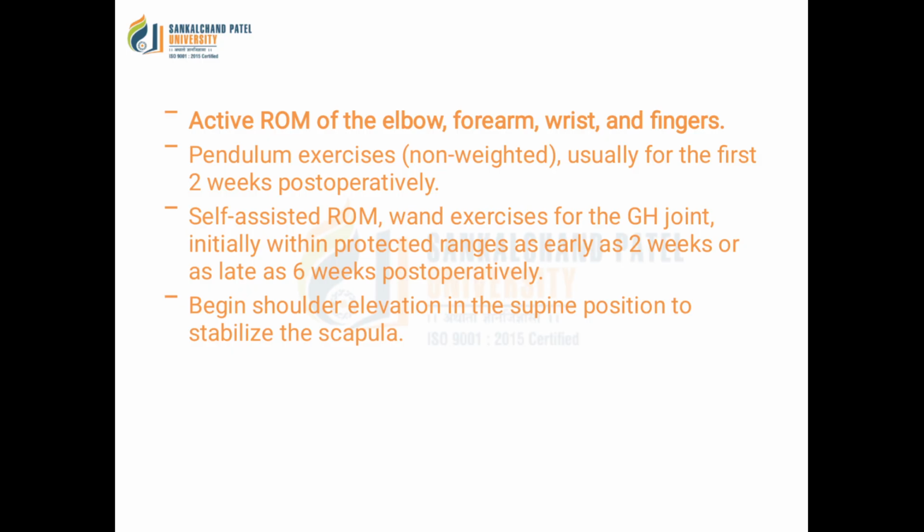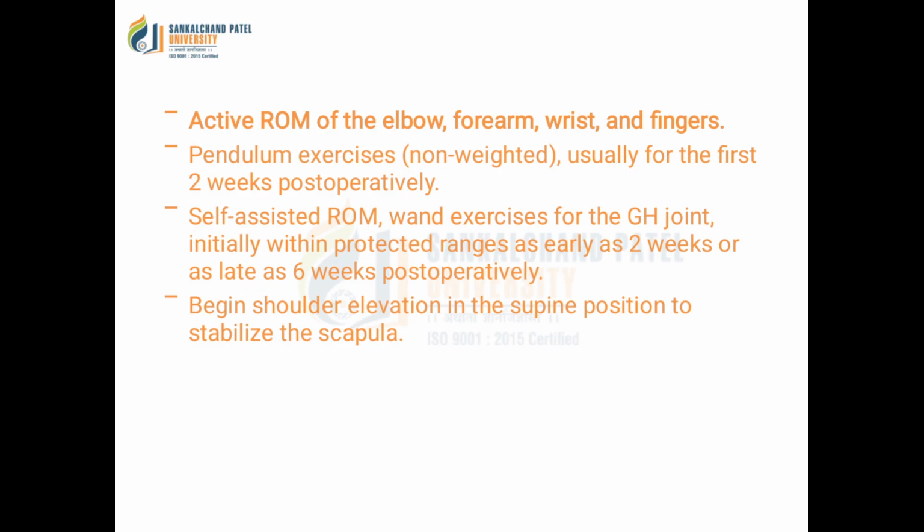Pendular exercises, non-weighted, usually for the first 2 weeks post-operatively to prevent further complications. Then self-assisted range of motion, that is wand exercise for the glenohumeral joint, initially within protected range as early as 2 weeks or as late as 6 weeks post-operatively.